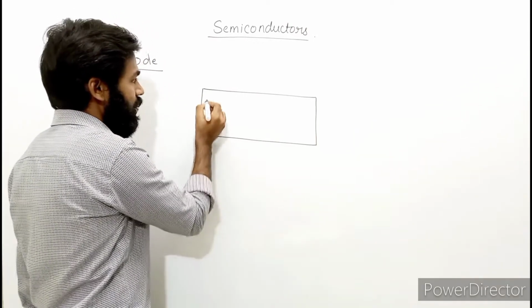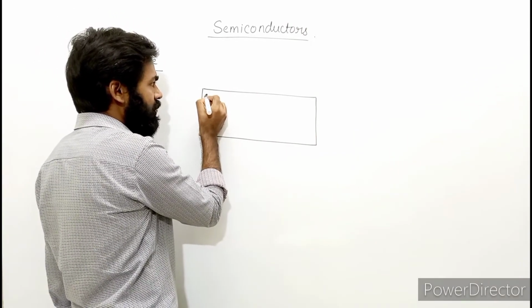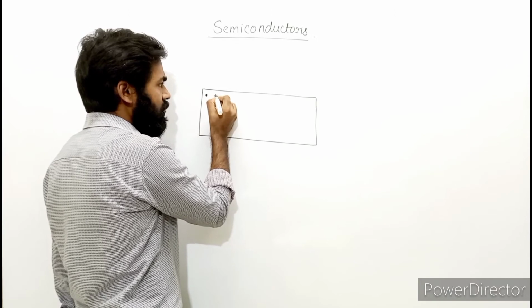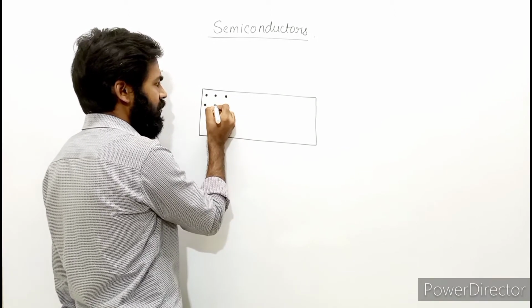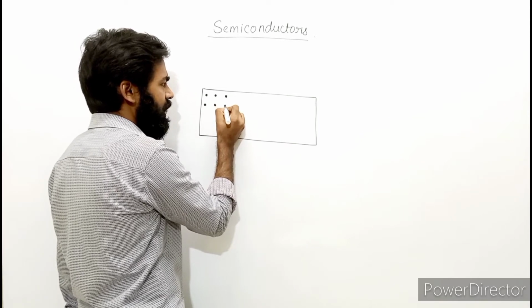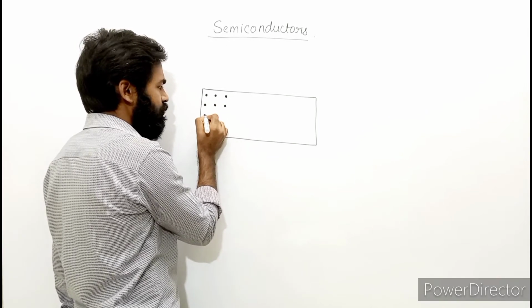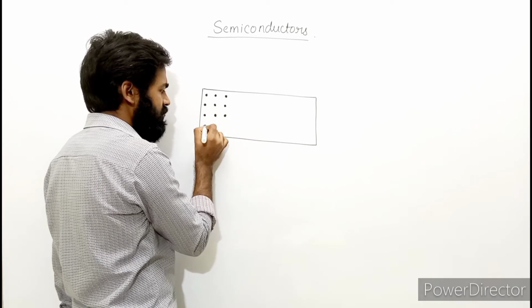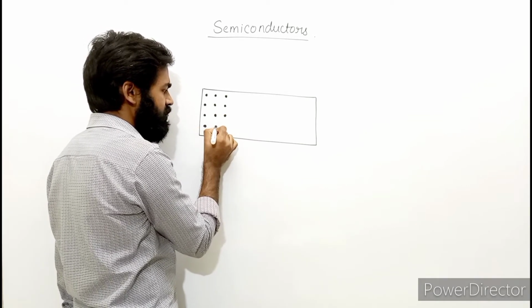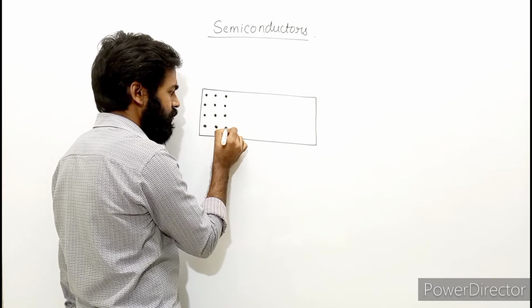Trivalent. Now here if I dope with pentavalent, the majority charge carriers we get are nothing but the free electrons. So we are representing free electrons using the black dots here. These are your free electrons, majority charge carriers.